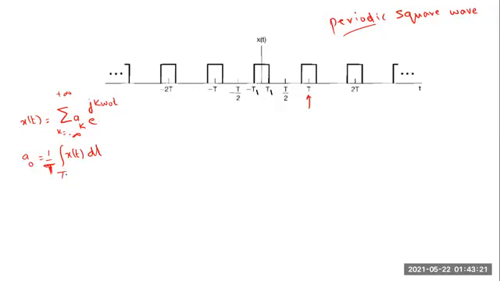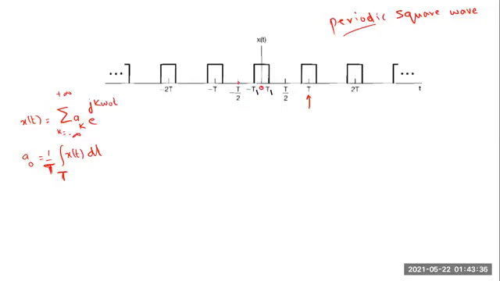As I mentioned, we need to take this integration over a time interval which should be equal to T. This signal is, as you can see, symmetric with respect to this time, so I can take this interval.